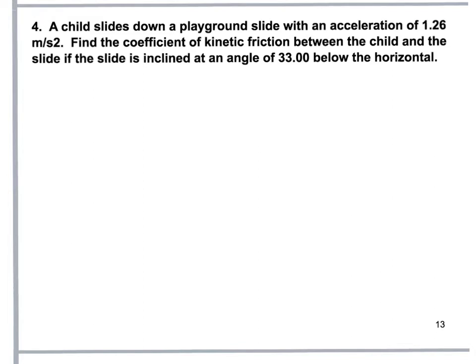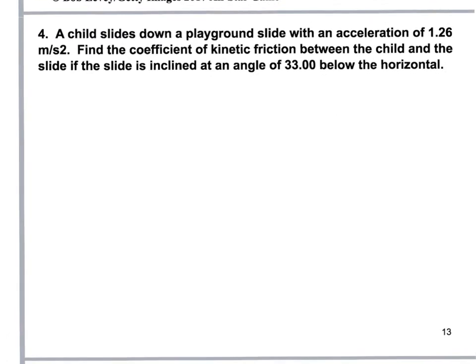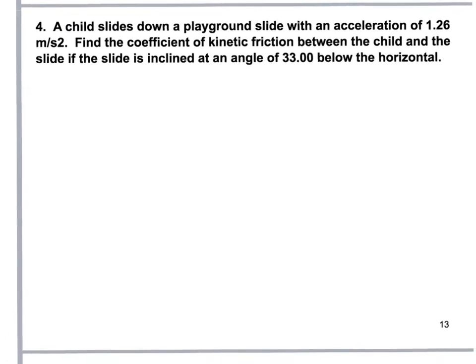So our first thing to do is draw our coordinate system, and then we will draw the slide on there too. Our first inclination is to say, well, the wording said 33 degrees below the horizontal, so that must be here, right?